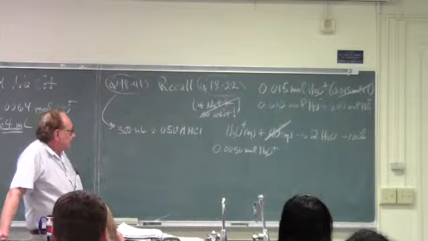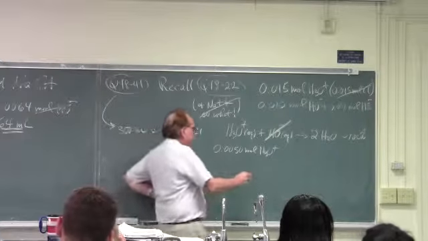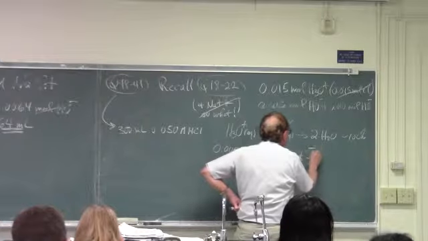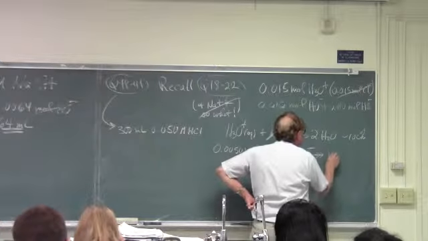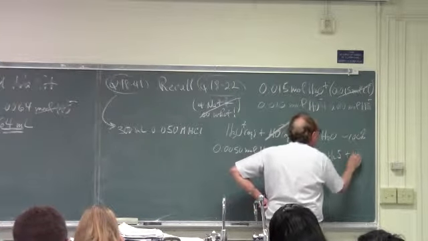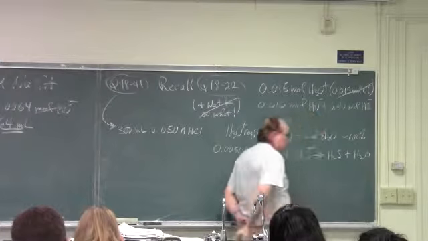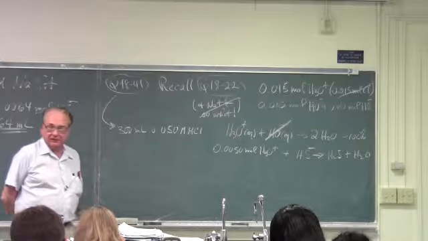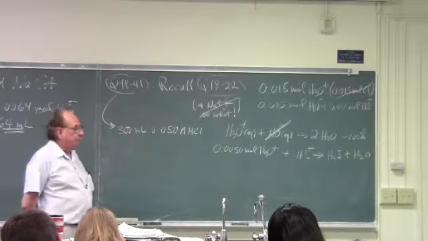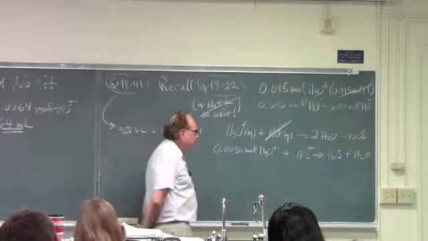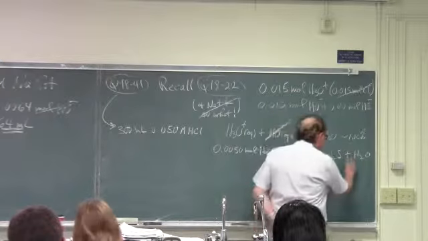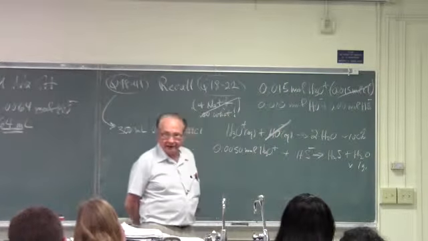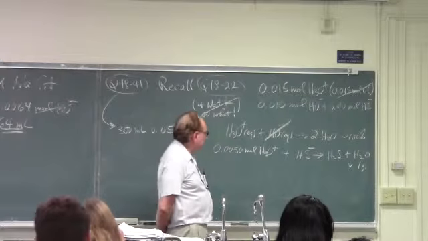HS minus. The products of this reaction respectively will be H2S and water. What will be the extent of this reaction? Practically speaking, 100%. I'll write down V large, or V.LG. for very large, okay?